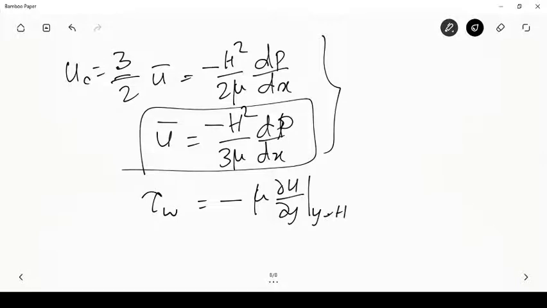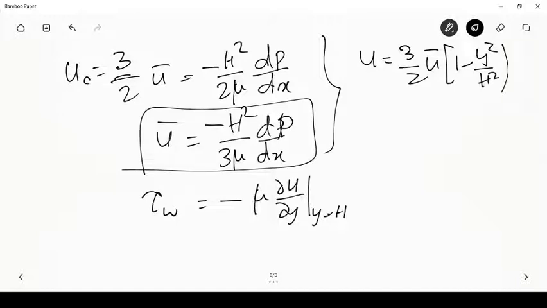Okay, and from the expression that I have, which is u is equal to 3 by 2 u bar multiplied by 1 minus y squared by h squared, this is the velocity profile.